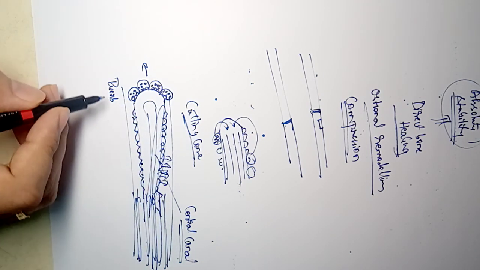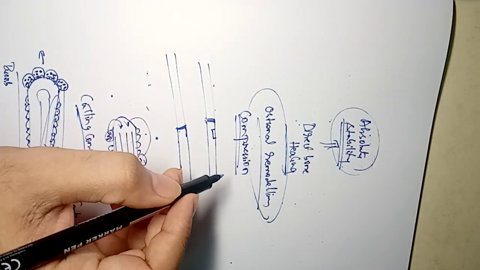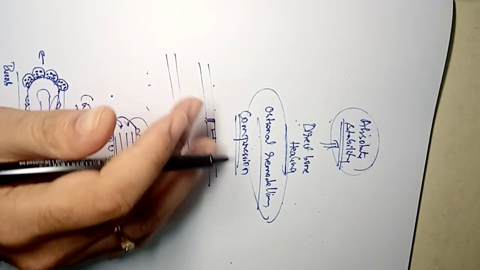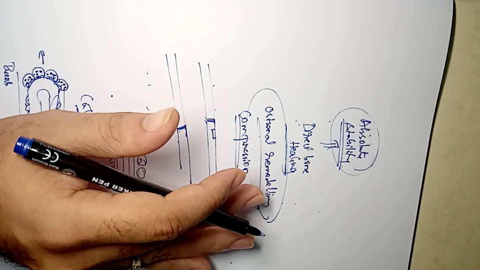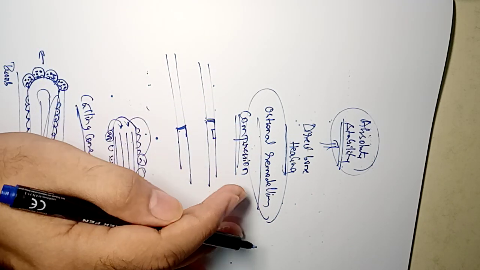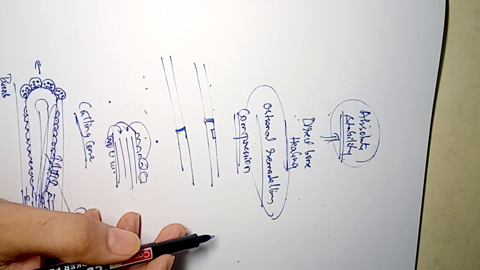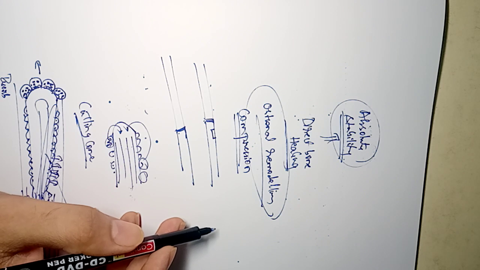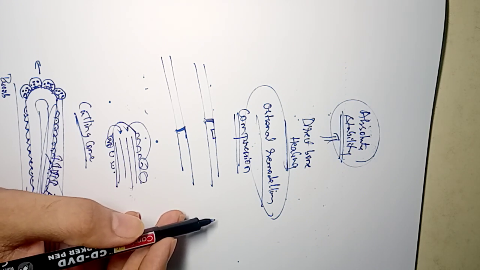So this is nothing but an osteonal remodeling which happens at any point of time in your body to maintain the blood calcium levels. So I would separate it from intramembranous ossification, and I will classify it as direct bone healing by osteonal remodeling.